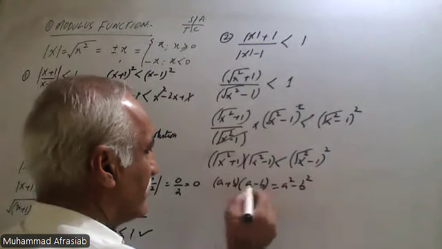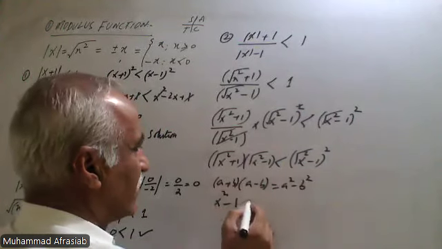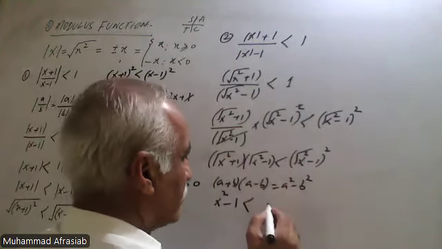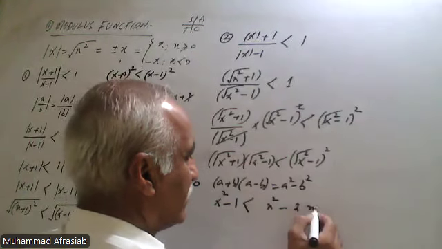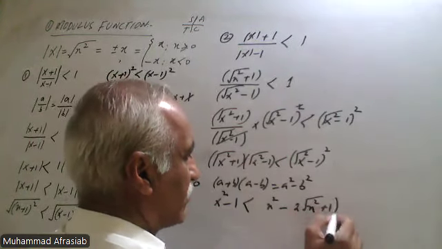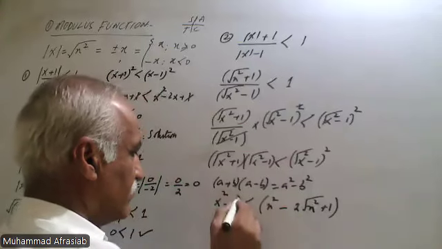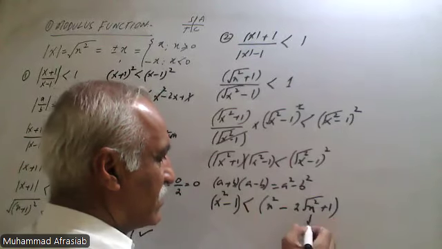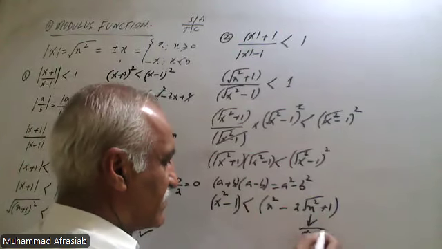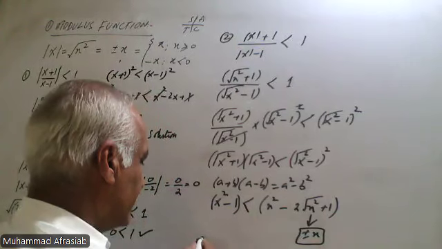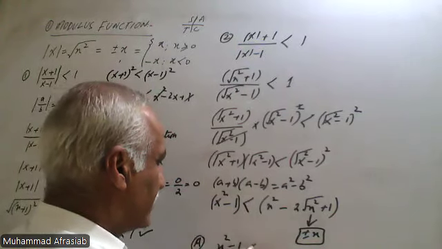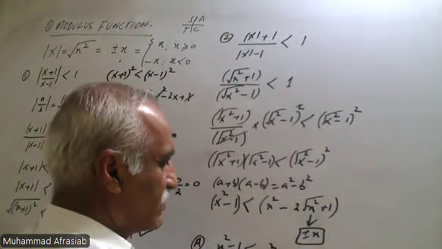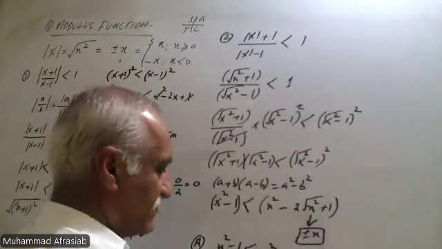By applying this property, we can write this as x square minus 1 is less than |x| square minus 2|x| plus 1. Now, there are two options for this |x|, which is plus minus x. Option A is when x square minus 1 is less than x square minus 2x plus 1, where the positive value is taken.